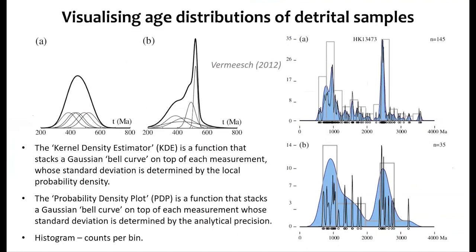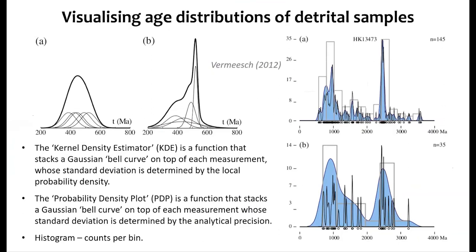And that's sort of an array of grains. You like to see the relationship of where those grains are with respect to each other and where the densities of those grains are, which maybe is lost somewhat when on top of Tera-Wasserburg, the grains are plotting on top of each other.